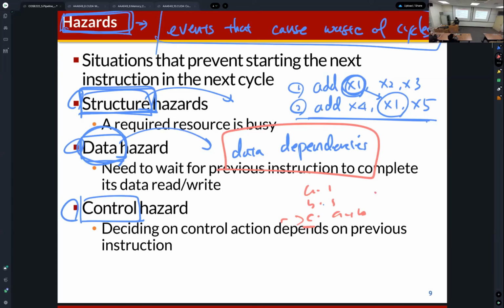So actually data dependencies are frequently observed in our normal applications. And because of these data dependencies, clock cycles can be wasted. So this hazard is called the data hazard. It is a very critical issue in processor architecture design.